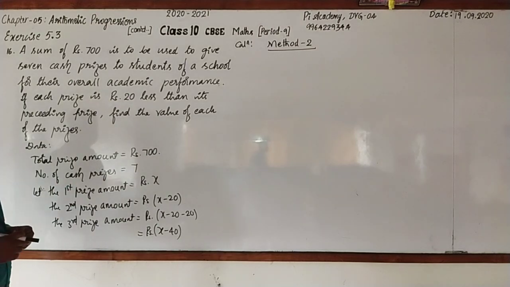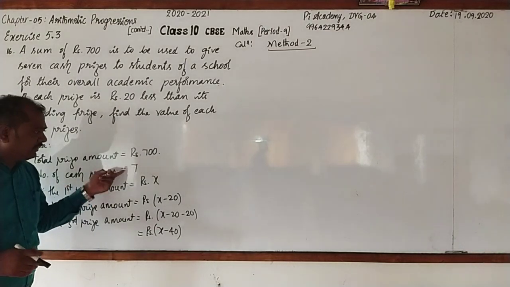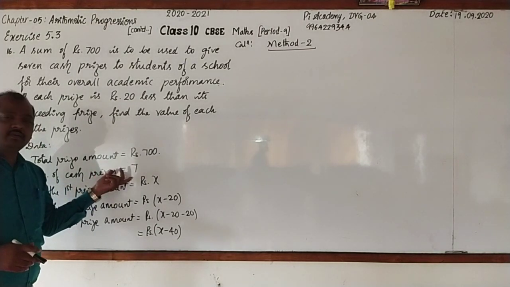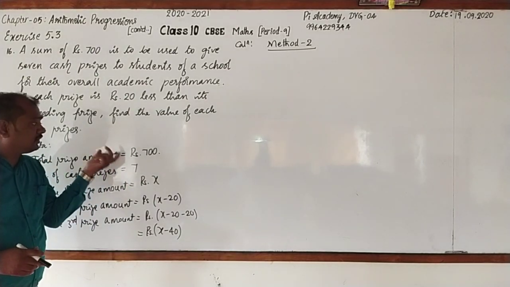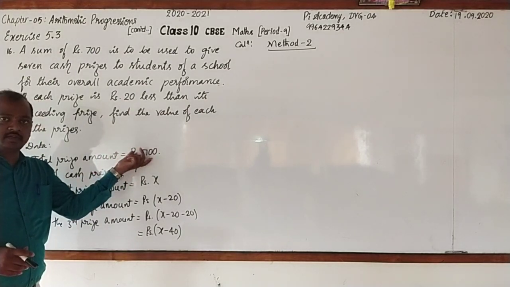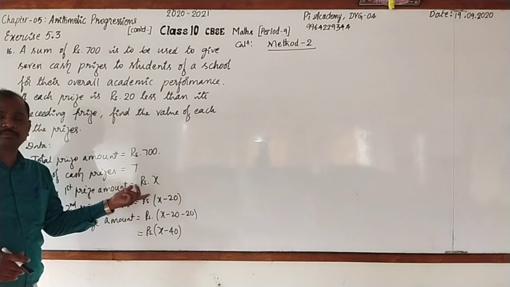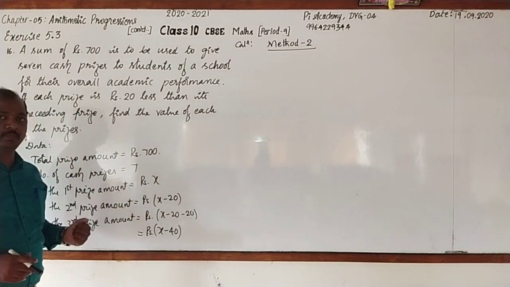Anybody can solve this. Here they have given total 7 cash prizes and the total cash prize is 700. And each cash prize is reduced by 20 rupees.